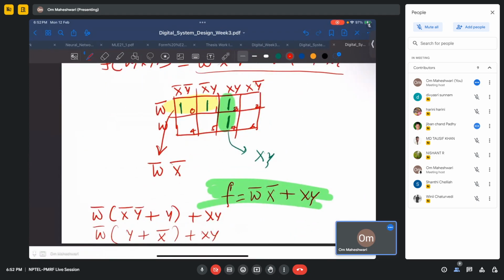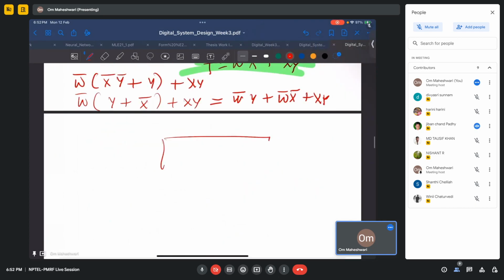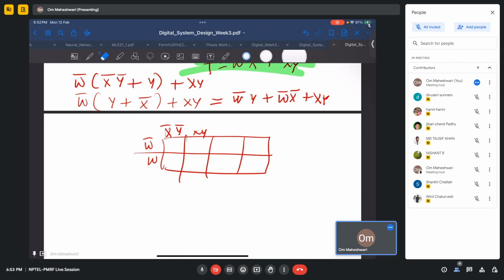Even if you do this, let us say we take this. You get w bar y plus w bar x bar plus xy. Let us try to fill the K-map with this. You will get the same ones. W bar w, x bar y bar, x bar y, x y, x y bar.